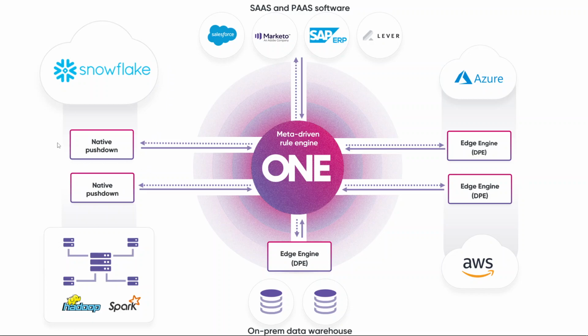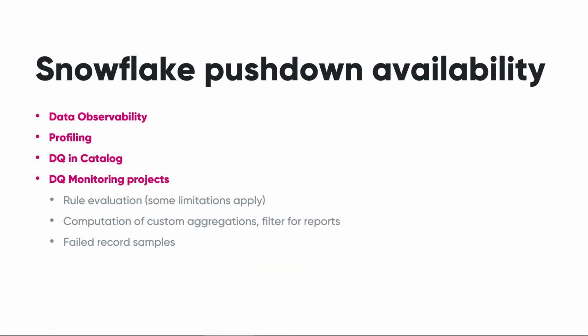And now the new functionality in version 14 is the native pushdown on Snowflake that we just saw. This pushdown processing can be used in Ataccama for all data quality related processing, including data observability, profiling, data quality catalog, or the monitoring projects, including not just the rule evaluation, but also computation of some aggregations. So let's take a look at how it works in the application.